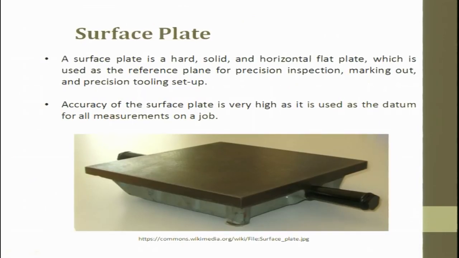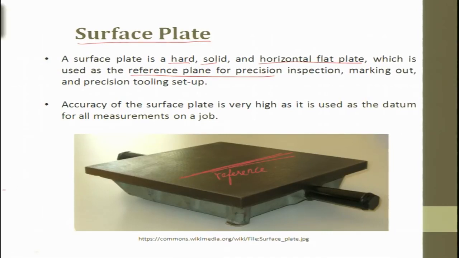So, this is an instrument which is called a surface plate. Surface plates are generally made out of a hard, solid, horizontal flat plate which is used as a reference plane for precision instruments. See what happens when you start doing all these measurements, at least one datum should be flat, one datum should be reference.